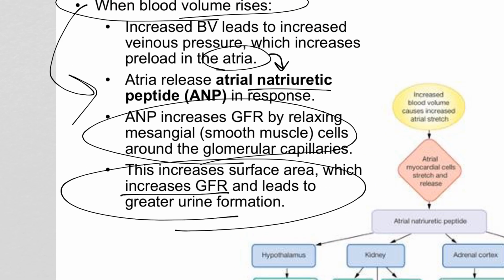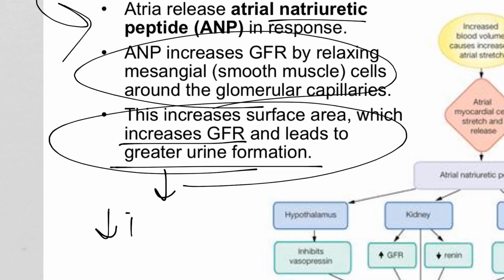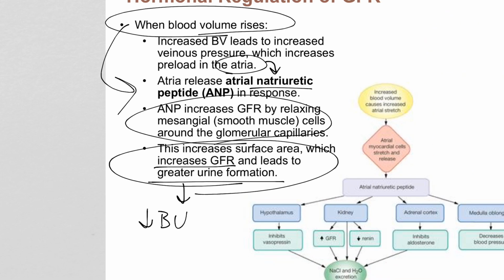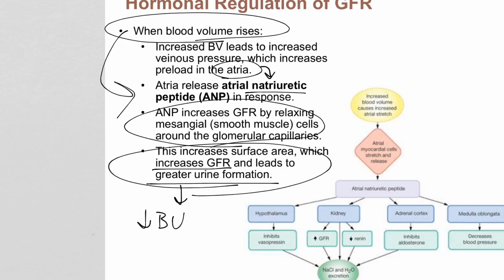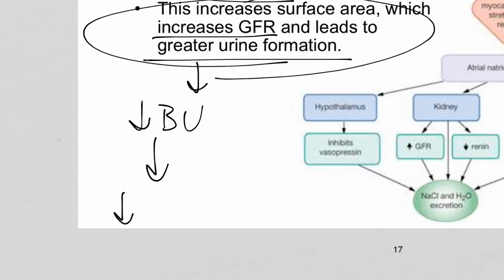And if you increase GFR, you're going to get more urine formation. And if you get more urine formation, you're going to get a decrease in blood volume because the water, by definition, is leaving your blood and entering urine. So blood volume goes down. If blood volume goes down, blood pressure goes down.